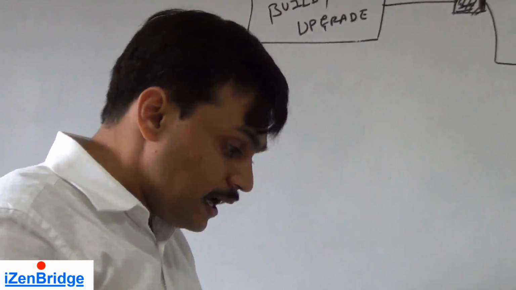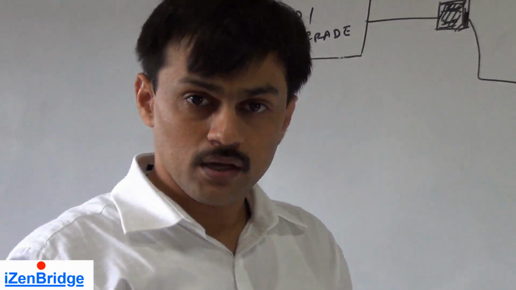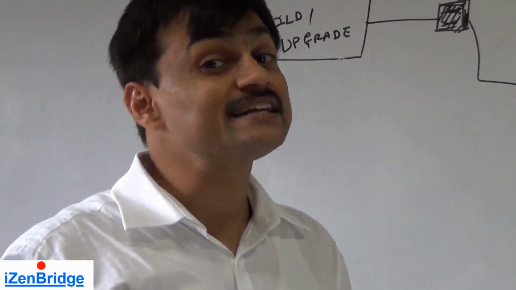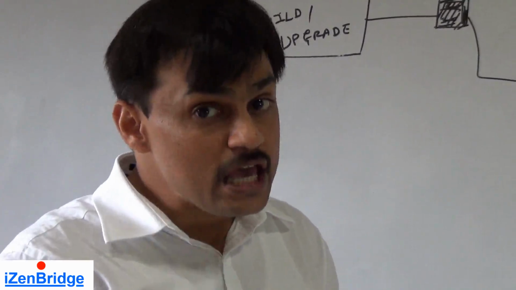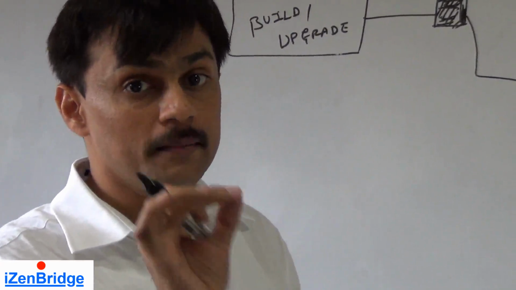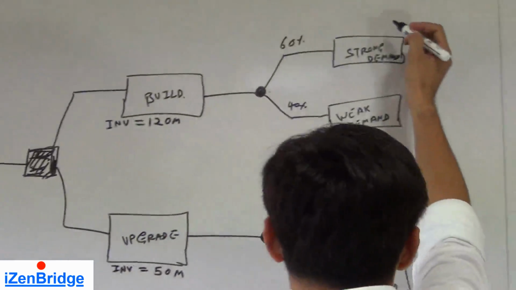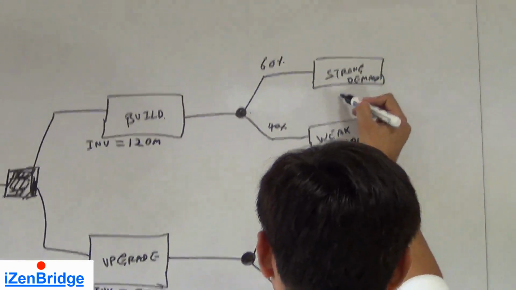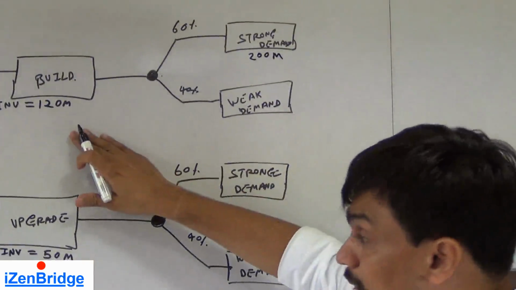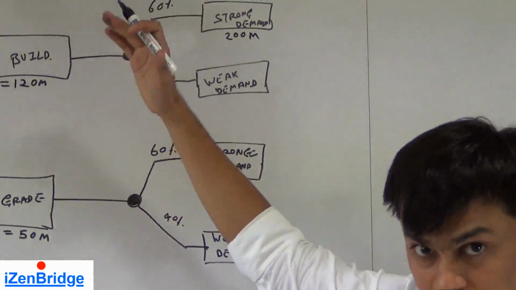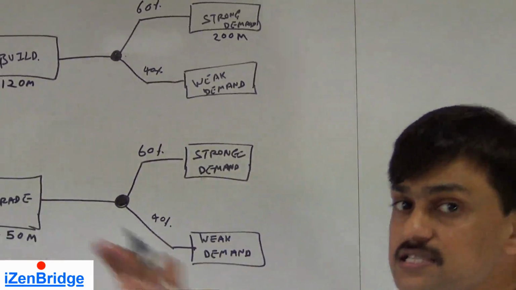And it says that if you build a new plant and you get a strong demand, you can make a sale of 200 million. So here we can make a sale of 200 million if we build a plant because we have more capacity and when strong demand comes, we can serve the demand.